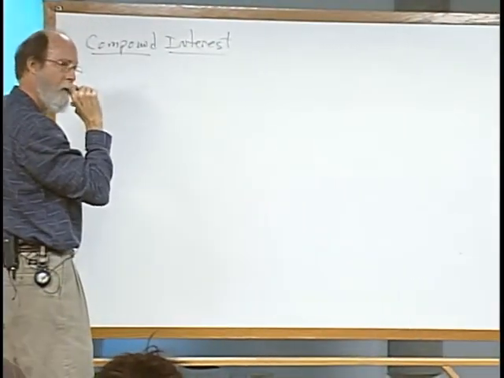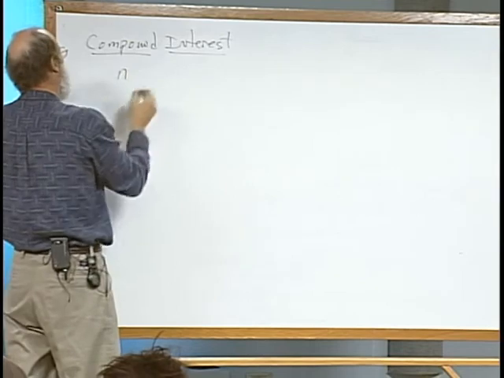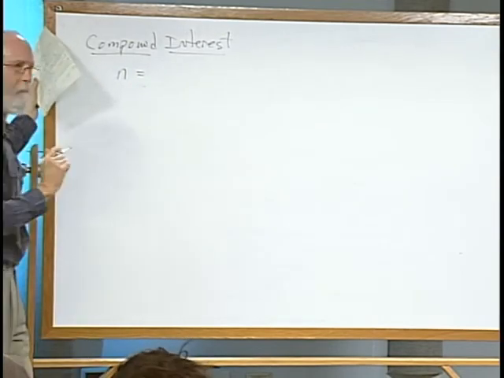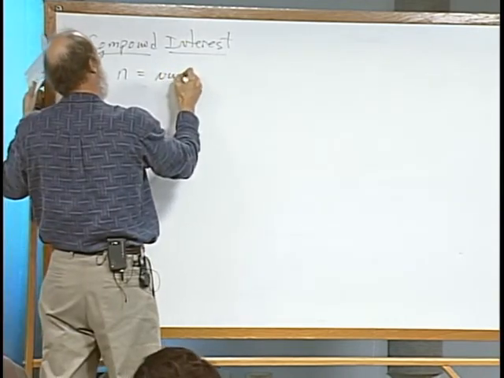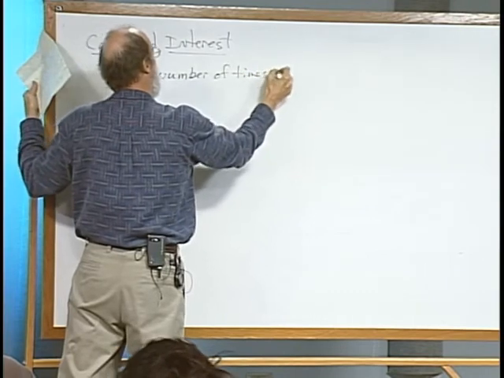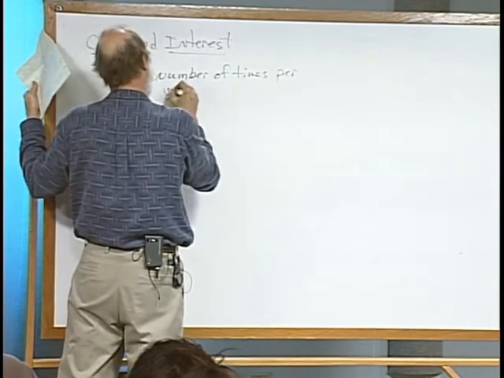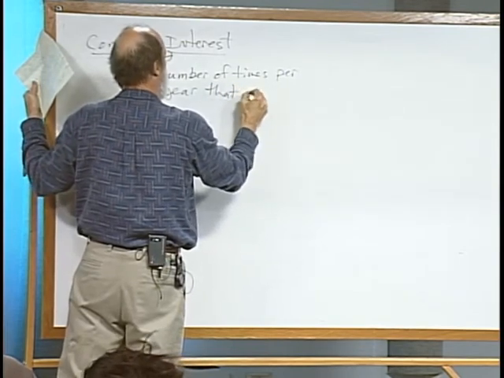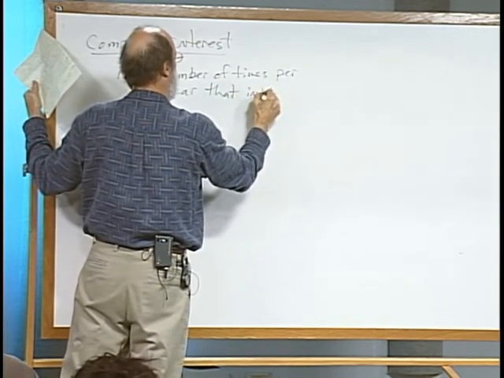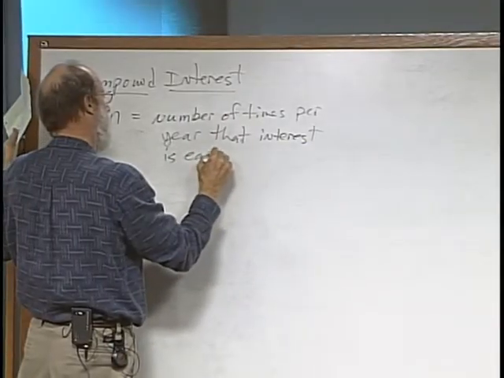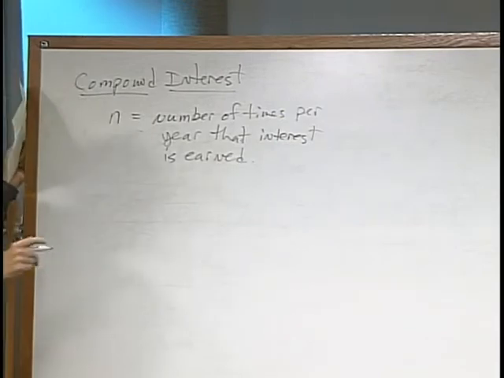And oftentimes we let the letter N represent the number of times per year that the interest is earned. So let's play with that for a second.